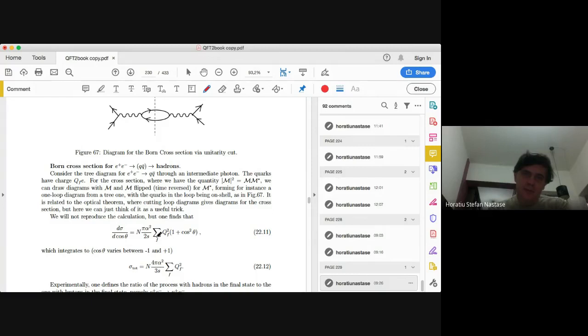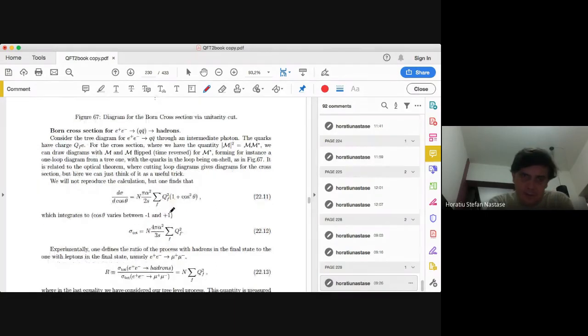But the interesting thing for us is that there's this sum over flavors of quarks f, the electric charge squared of these quarks, and then 1 plus cos squared theta. If we integrate over cos theta from -1 to 1, you get a numerical factor, 8 over 3, I guess.